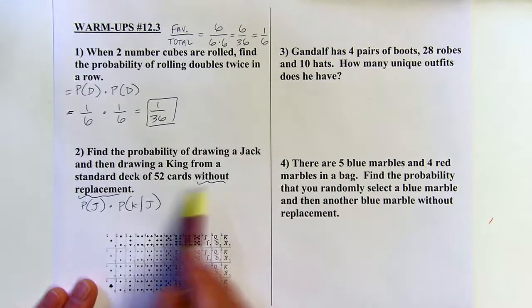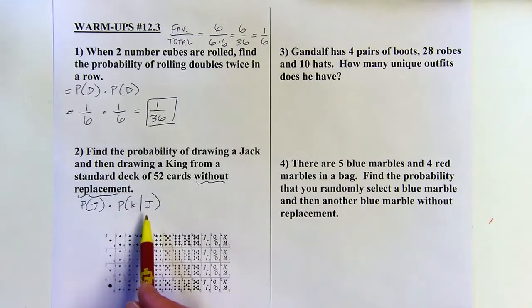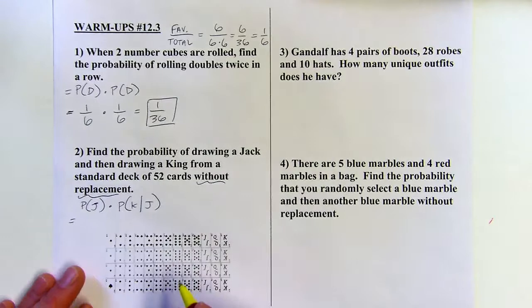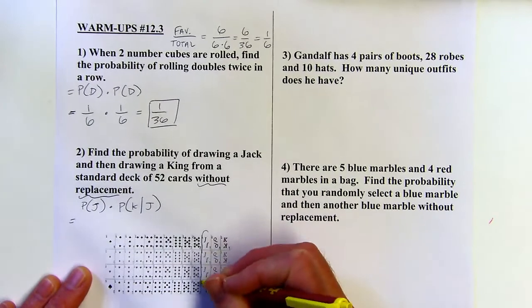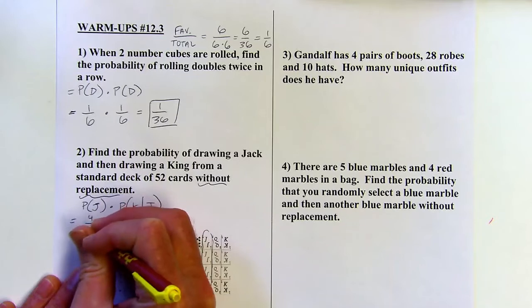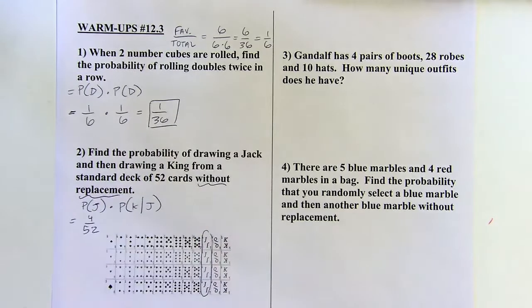So that's why the phrase without replacement is important, because we're going to remove a card from the deck after the first event. Our first event, the jacks, well, there's 4 jacks right here out of a total of 52 cards. So you've got a 4 out of 52 probability of drawing a jack.